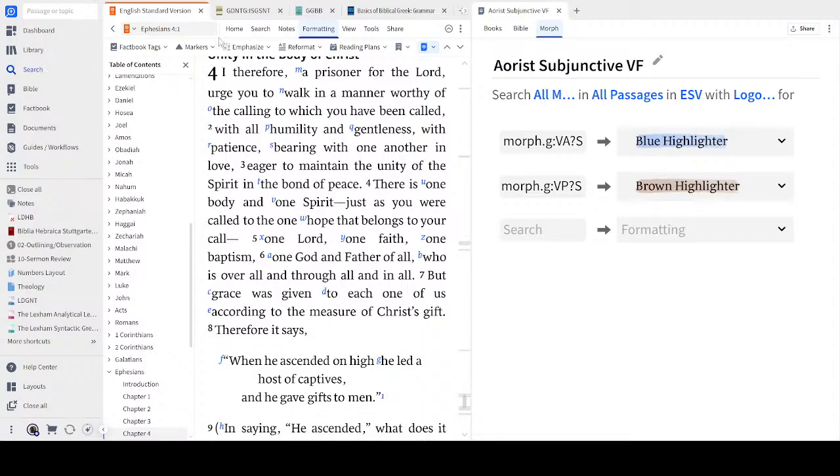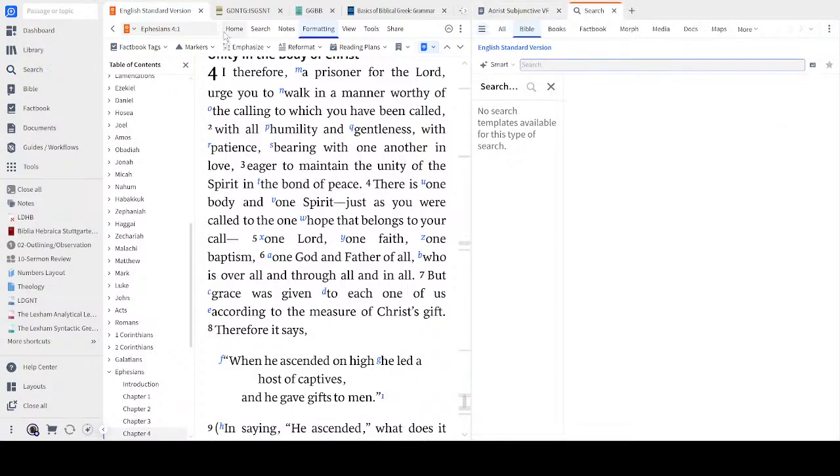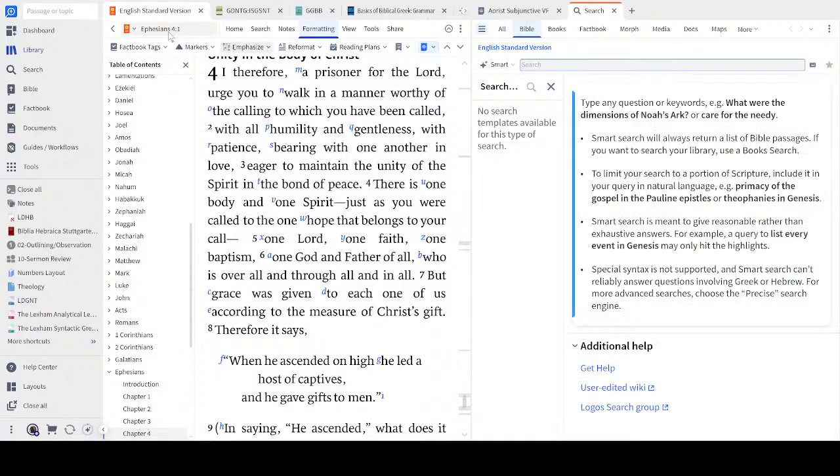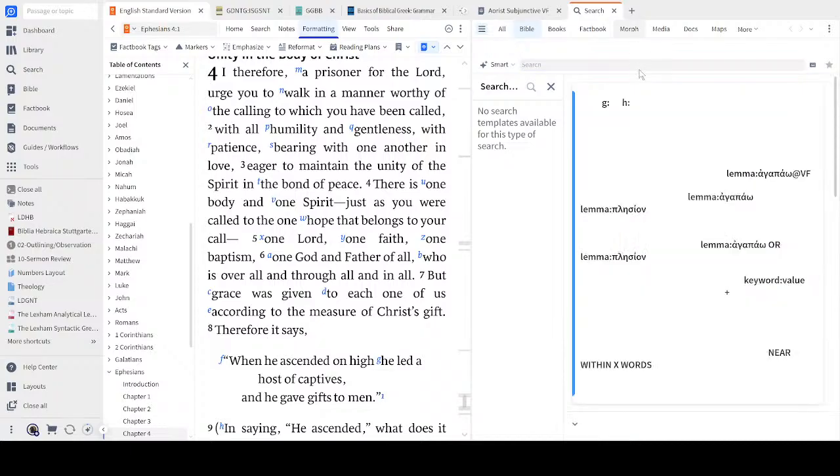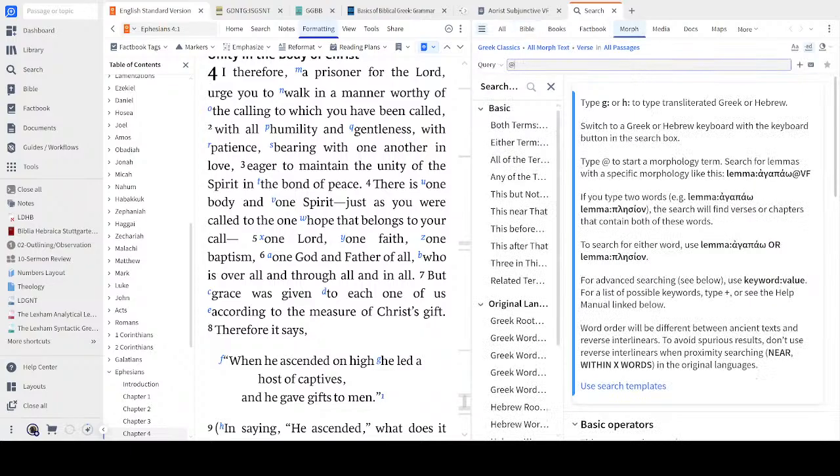Also, another way to double check this is, we're going to do a search, and we're going to end up doing a morph search, and I want to search for a subjunctive where it has an aorist and where it has a present tense.